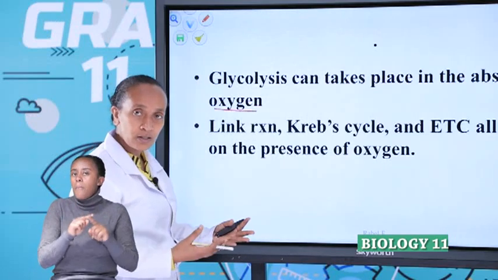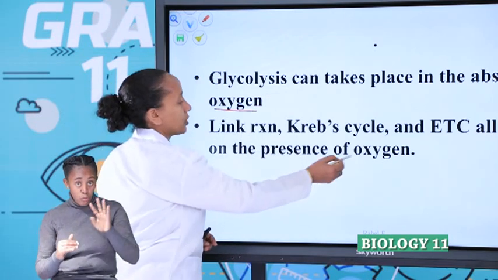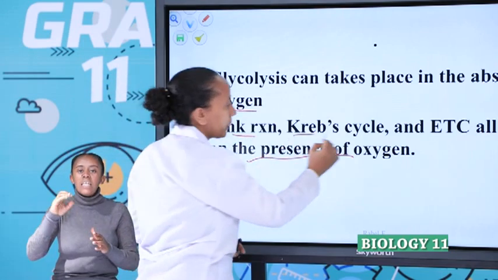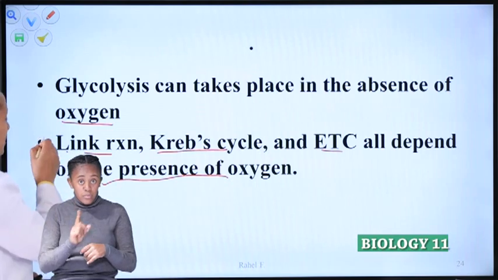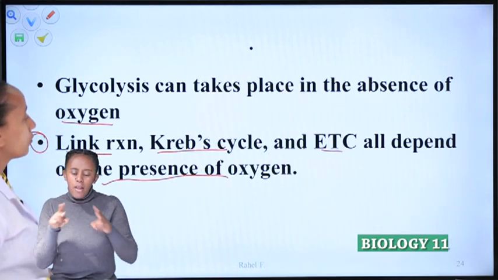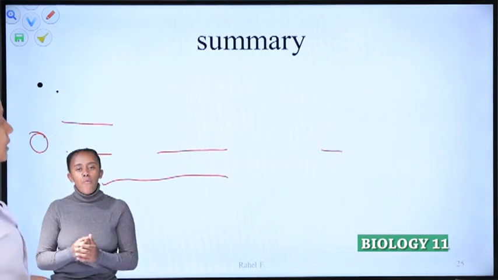But what about the other stages? The other stages all depend on the presence of oxygen. These stages are link reaction, Krebs cycle, and electron transport system. We will see later on why oxygen is very important for the rest of the reaction.